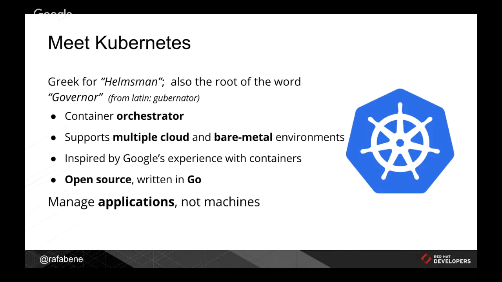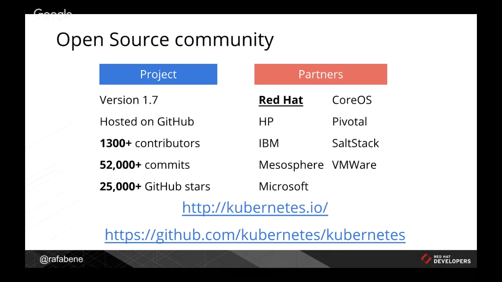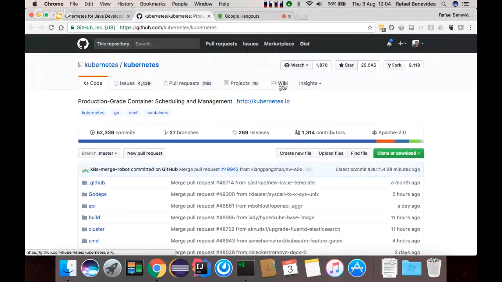The idea of the Kubernetes project is to be an orchestrator for containers. And it's not focused on managing machines, but on managing applications. It's a very popular project. We can go to the GitHub project of Kubernetes, and we will see that it's very popular with more than 25,000 stars, a lot of commits and contributors.